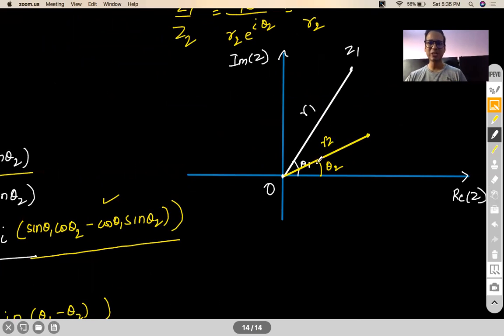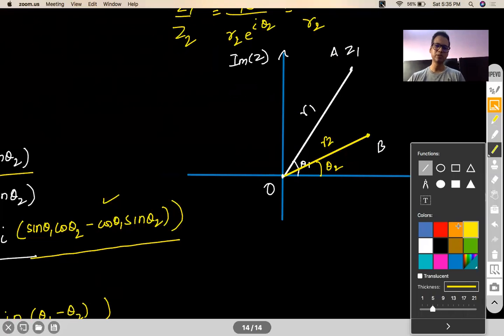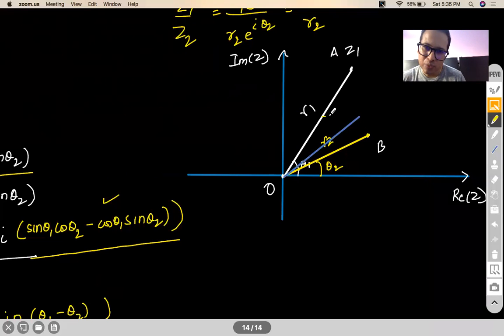Okay. So in light of this, if I have to locate my Z1 by Z2, from this line OA, I will rotate theta 2 angle. Let me use a blue color. Theta 2 angle I will rotate. So this guy is theta 2.